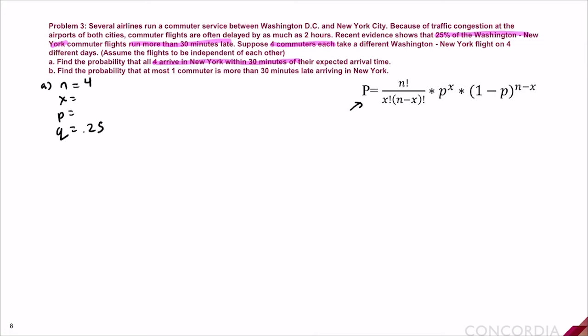And if our Q is equal to 0.25, our P is the difference, which is 0.75, since we know that our P plus our Q must be equal to 1. And problem A tells us that we want all 4 to arrive on time.